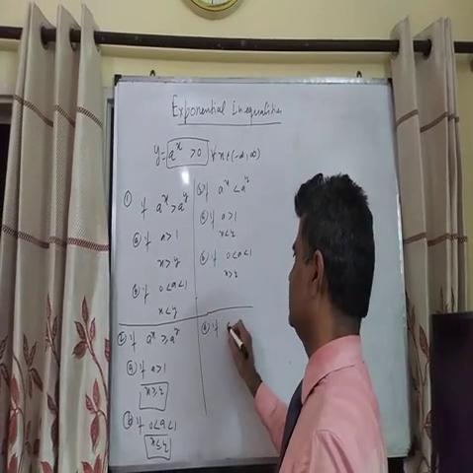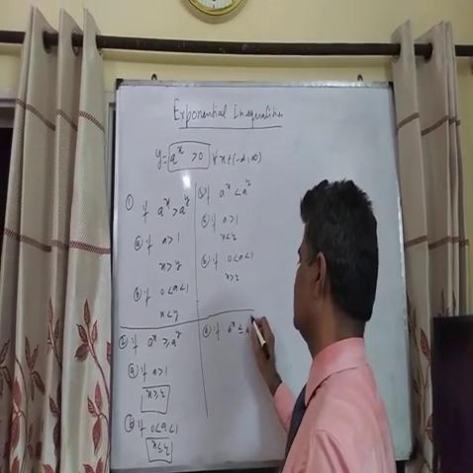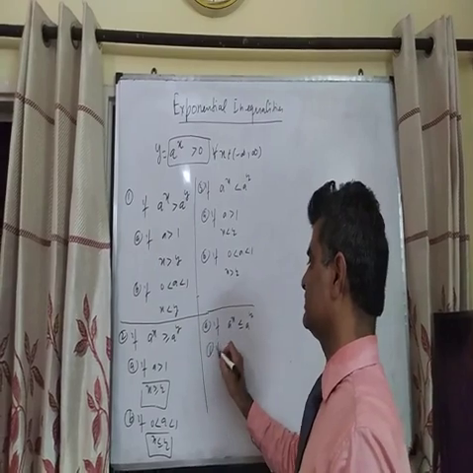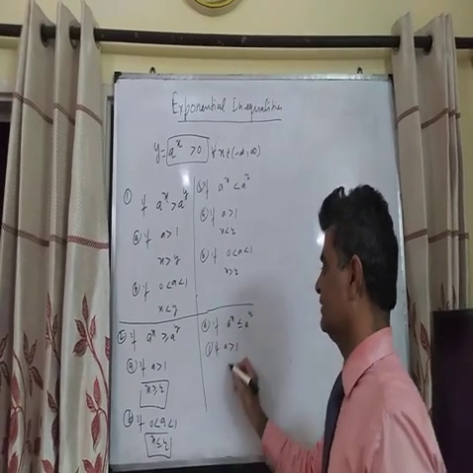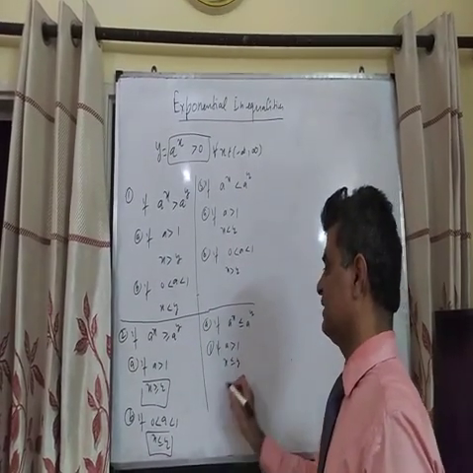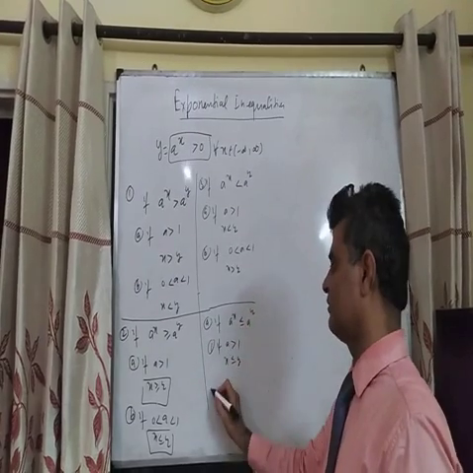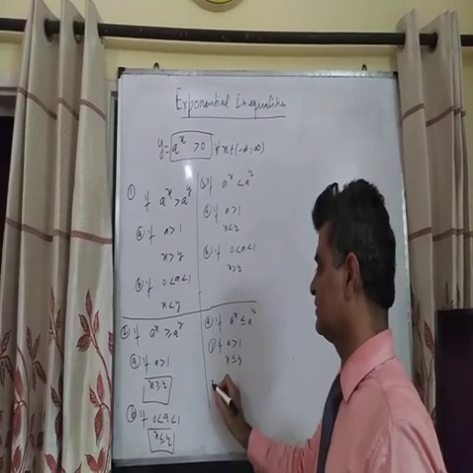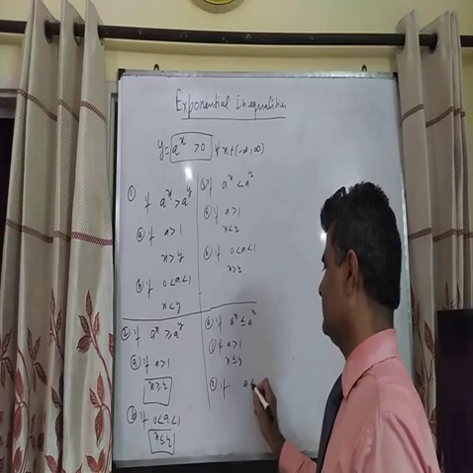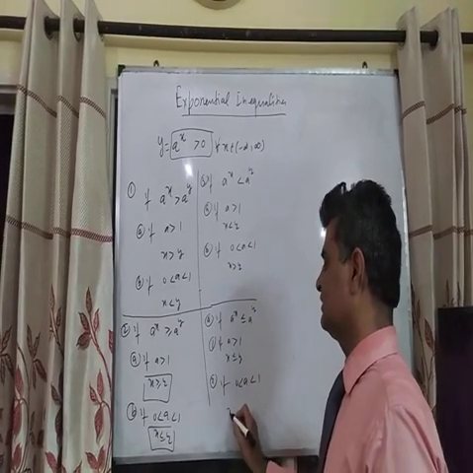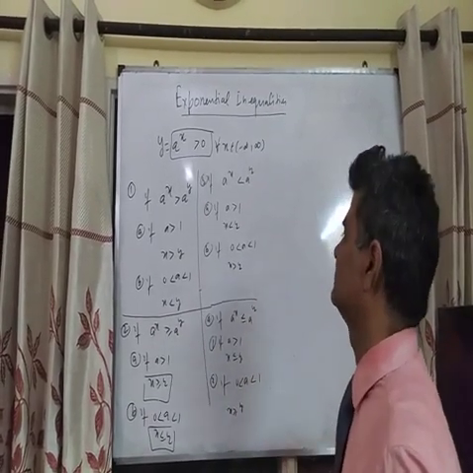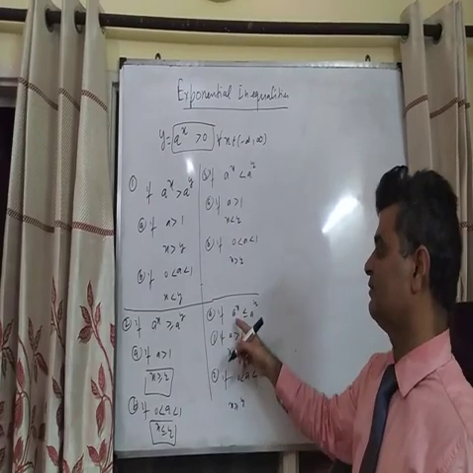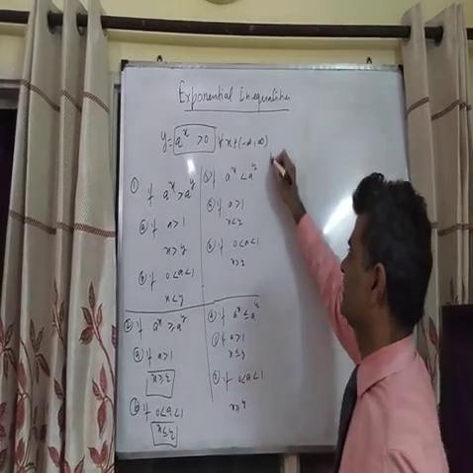Fourth case, if a to the power x is less than or equal to a to the power y, the first one is if a is greater than 1, then x will be less than or equal to y, no change in the inequality sign on the power. Second one, if a is in between 0 and 1, the inequality sign will get changed. So you have to be very careful about the value of a.